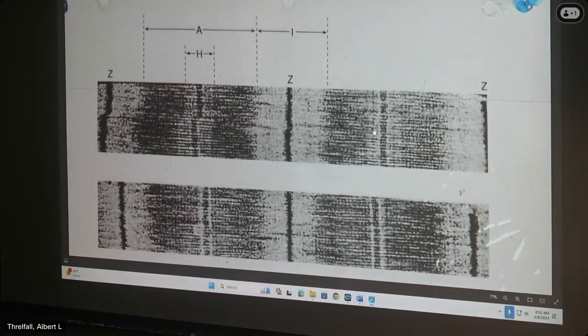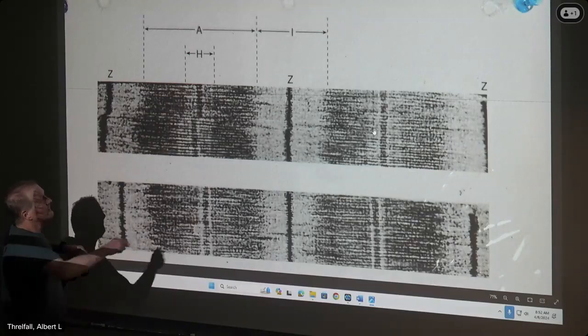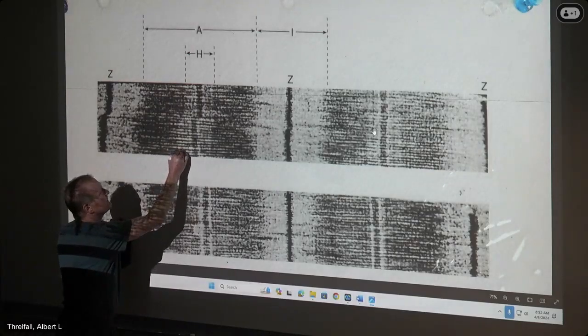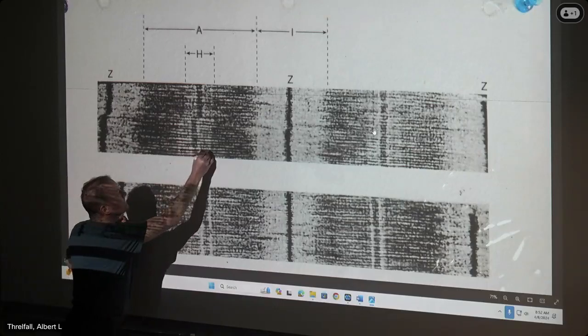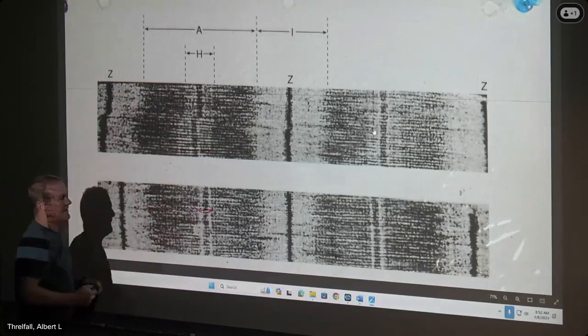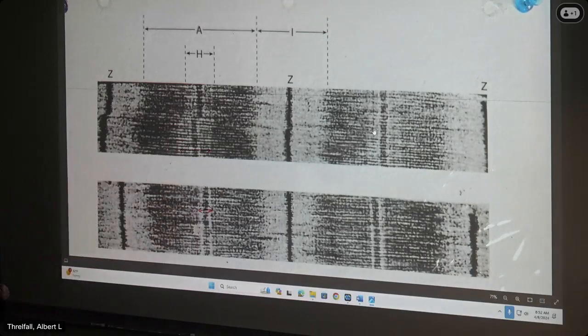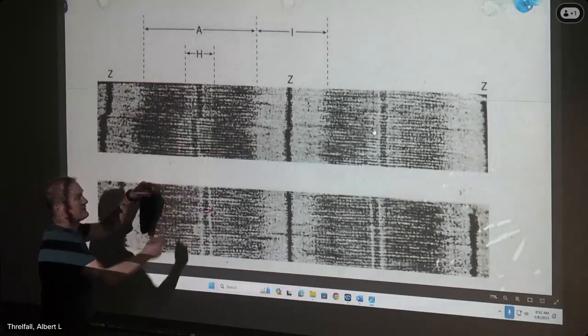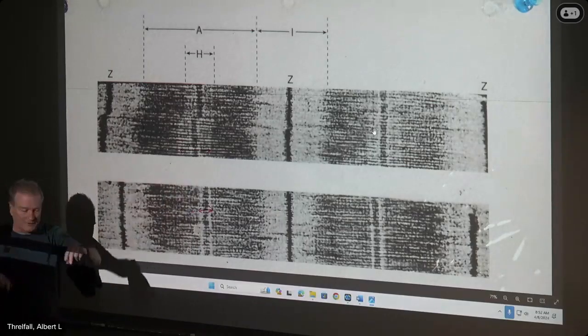Now, as this sarcomere shortens, look at how the H zone is getting narrower, because these actin filaments are moving closer together.